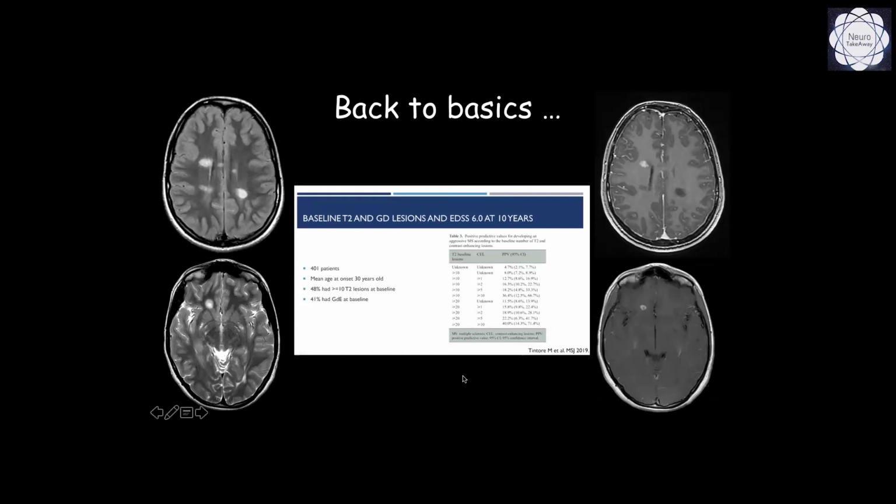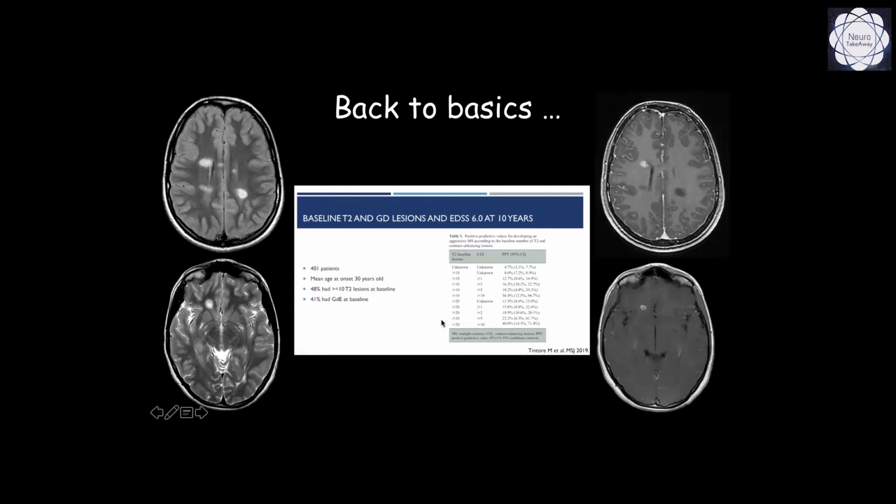For example, Tintoré in 2018 published this important series in which she considered the presence of T2 lesions, the number of T2 lesions, and the presence of GAD-enhancing lesions.